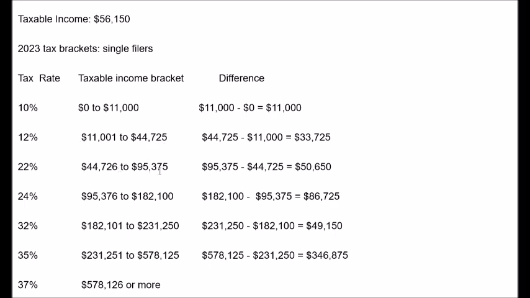And then to calculate the amount of money in this interval, we do 95,375 minus 44,725, and that would be $50,650, and so on. And once more, we want to calculate the tax for the taxable income of $56,150.